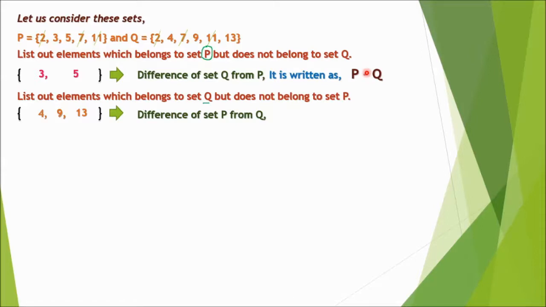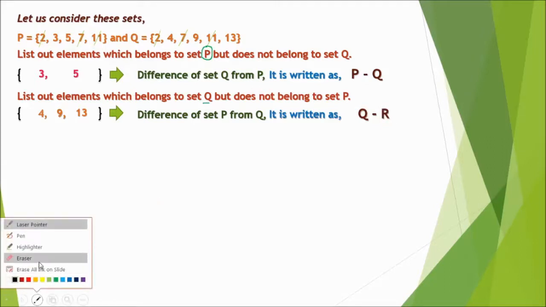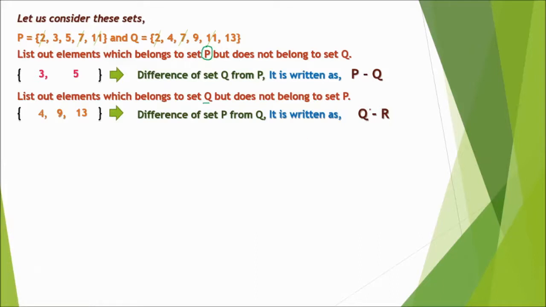It looks like a minus, and we say it minus or dash, but it is P difference Q. Now the one below is written as Q difference P. It must be P, not R. We don't have R. So P difference Q is 3, 5 and Q difference P is 4, 9, 13.